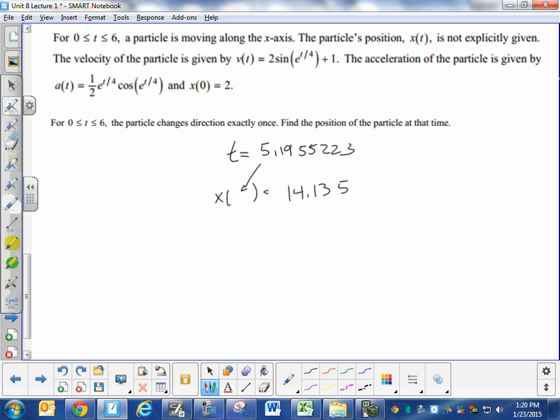So the acceleration part of the question is just to confuse you. Maybe there's another part, probably, Mr. Barron, that says, is the speed of the particle increasing at t equals 4? And what would you have to do to examine the speed of the particle?